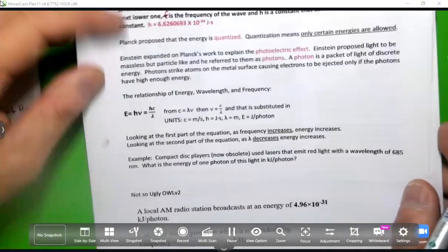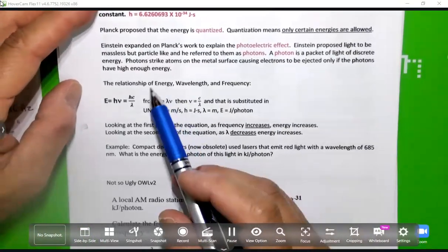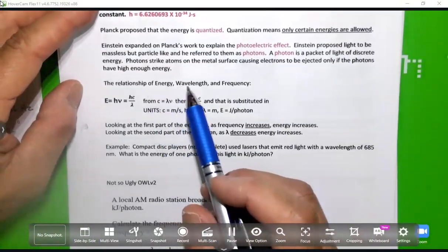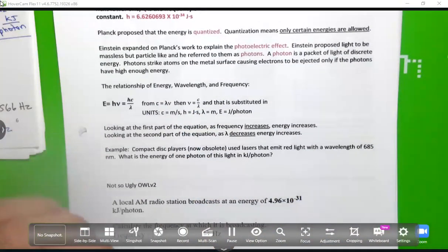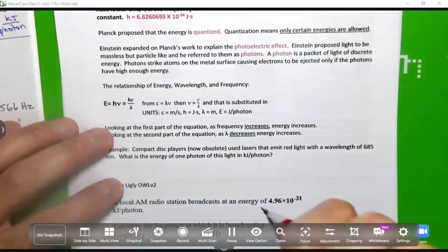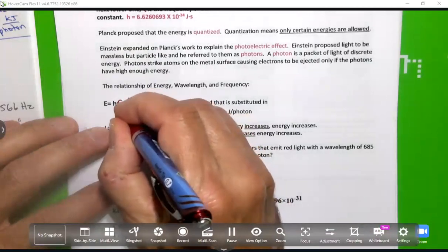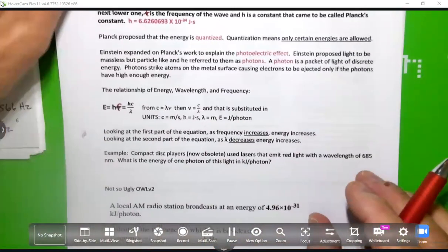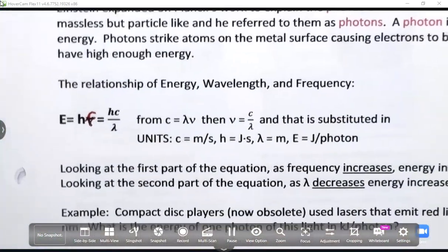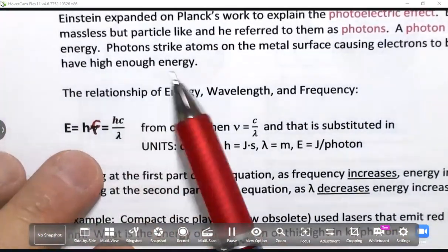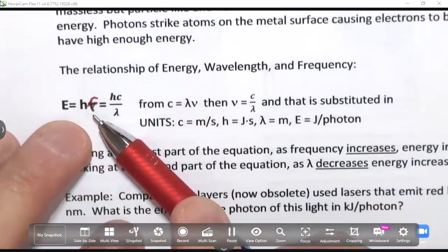Okay, so Einstein proposed the photoelectric effect, and the relationship of energy, wavelength, and frequency now goes into one equation. Let's fix this thing up. I'm going to put an F here for frequency. Now, so here's what we've got. Our energy is equal to Planck's constant times the frequency.